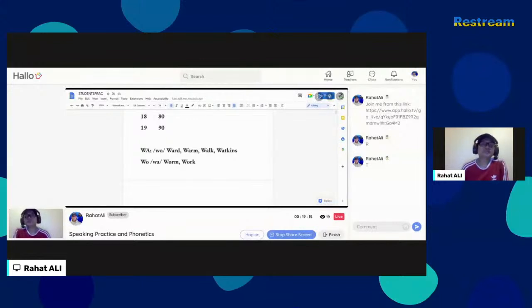The first word is worm. Second word is work. R is silent. Once again, try to know where R is silent in British English. If you know it, you will be a good and amazing speaker, no doubt. Warm, work, worried, worst.